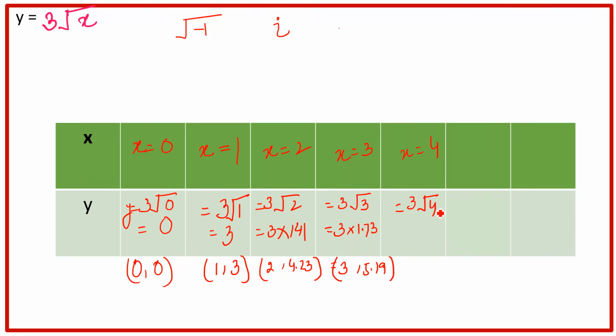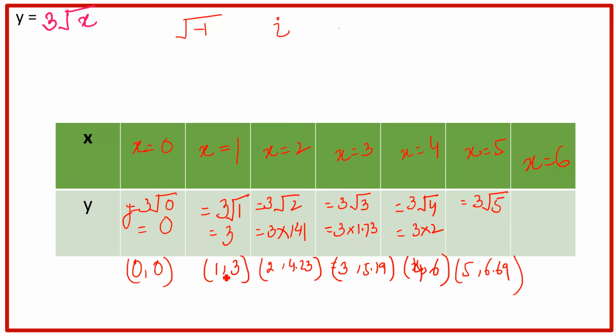The square root of 4 is 2. So when x is equal to 4, y is equal to 6. x is equal to 5, if you want, you can also do it. Multiplying, when x is equal to 5, you will get 6.69. Similarly, if you want, you can find 6 and solve it.